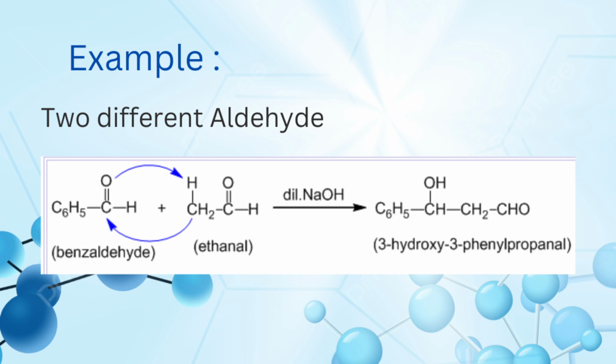But in cross aldol condensation, it takes place between two different aldehydes or ketone molecules, or between a ketone and an aldehyde. So here benzaldehyde and ethanal will react in the presence of NaOH to form 3-hydroxy 3-phenyl propanal, that is an aldol.